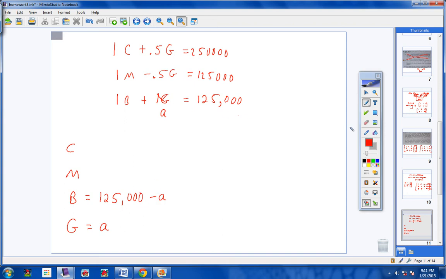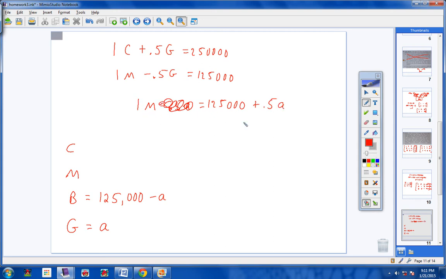Now, I'm going to come up to my next equation. For G, what am I going to put? A. So I have 1M minus 0.5A equals 125,000. Now, bring this over and make it a positive 0.5A, and you're left with 1M.